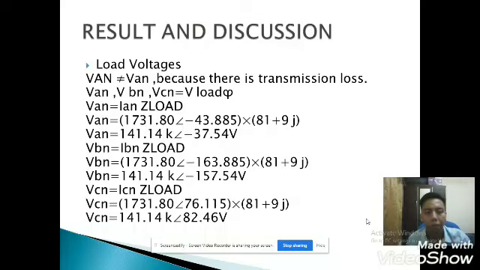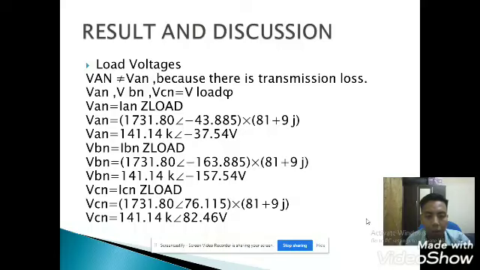Okay, then for load voltage, the capital VAN is not equal with the small capital letter VAN because there is no transmission loss. The small capital VAN, VBN and VCN are equal to the V load phase. VAN is equal to IAN multiplied with Z load.